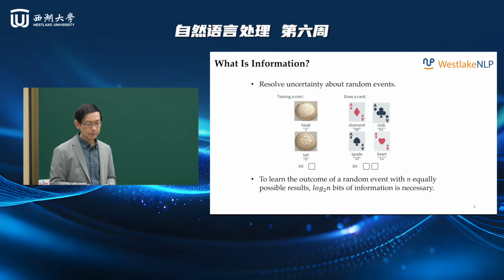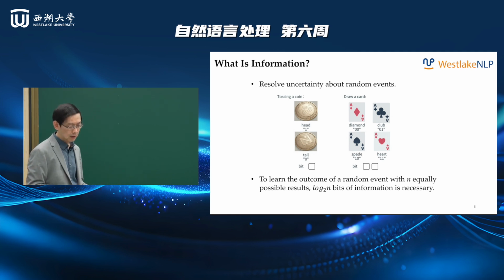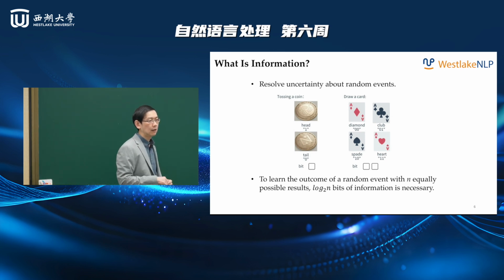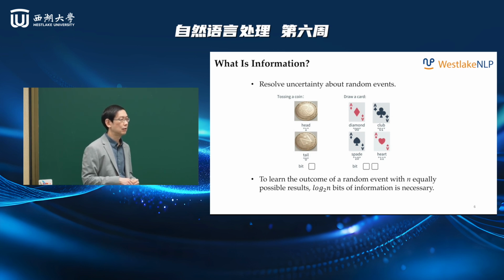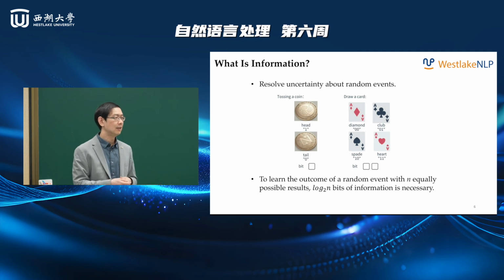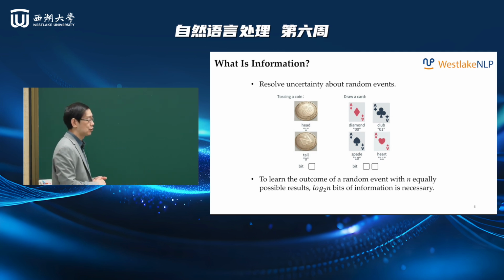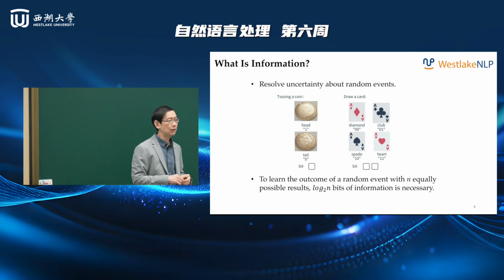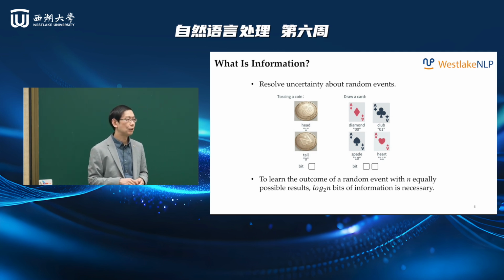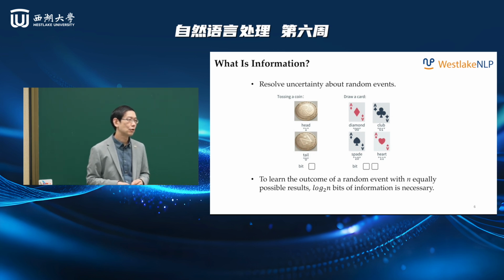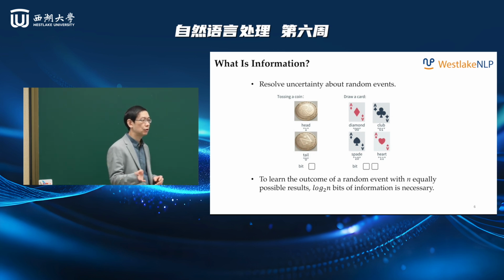But if you draw a card, okay, from a deck without the jokers, you know there are 4 suits, right? And they're equally many. So before I tell you the suit of the card I draw, you have ambiguity of 4 choices. So if I tell you that I drew a club card, you resolve the ambiguity from 4 to 1.